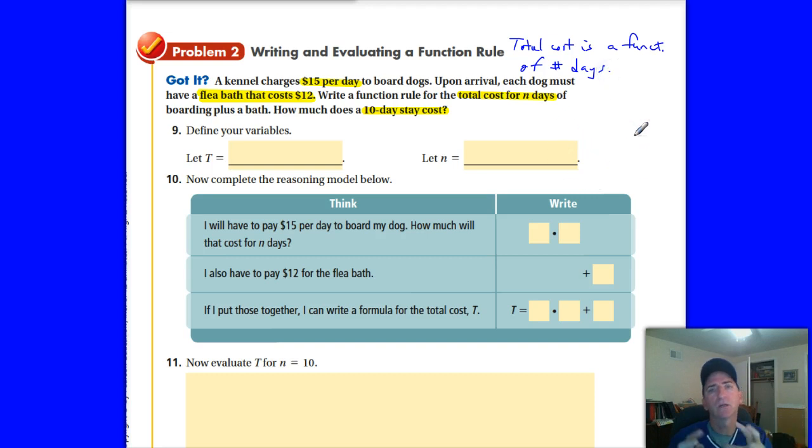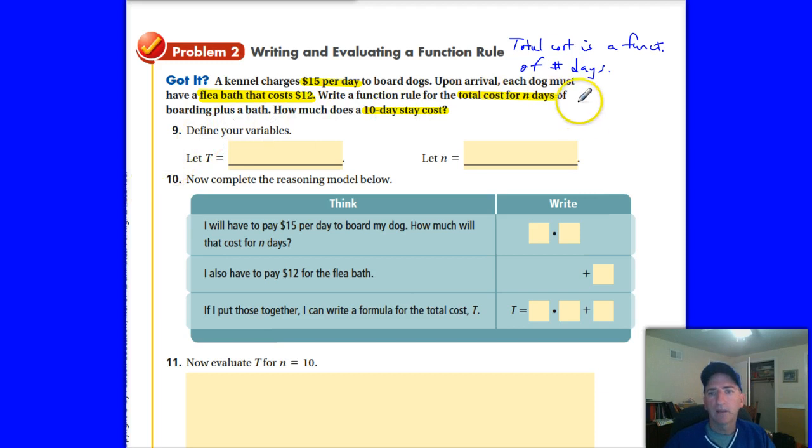In other words, the total cost depends on the number of days you stay. So you can hear that total cost is the dependent variable and the number of days is the independent variable.